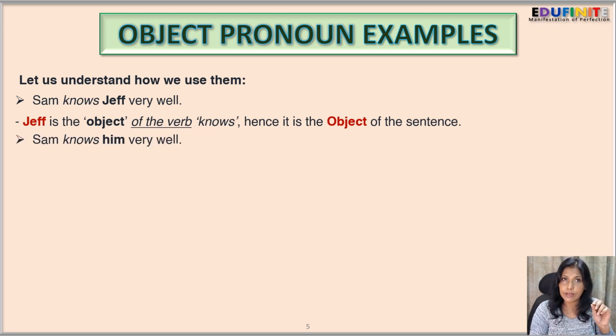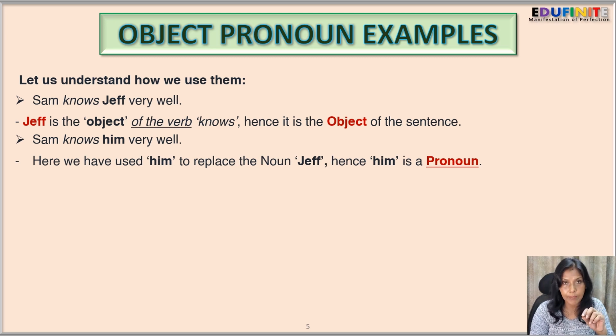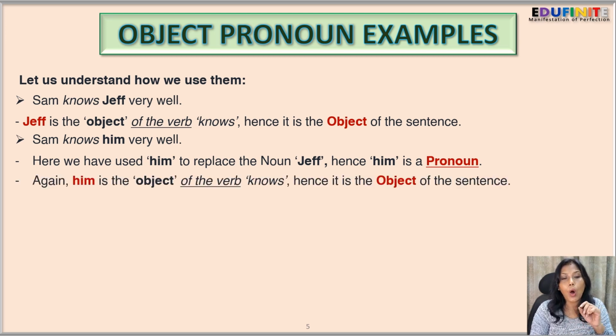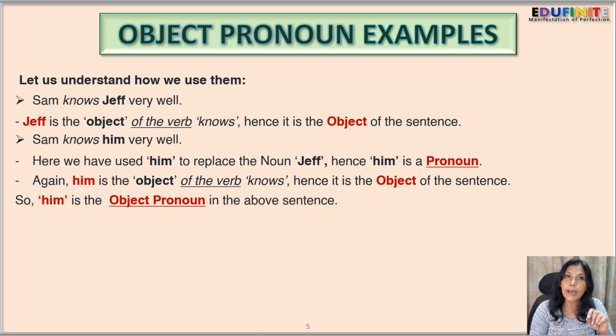Now if we say, instead of Sam knows Jeff very well, Sam knows him very well, then here we have used him to replace the noun Jeff. Hence him is a pronoun. Again, him is the object of the verb knows. Hence it is the object of the sentence. So him is the object pronoun in the above sentence.